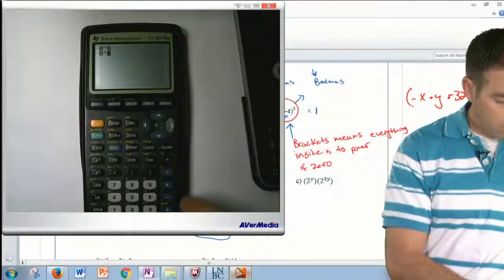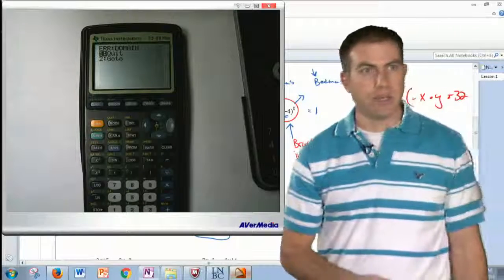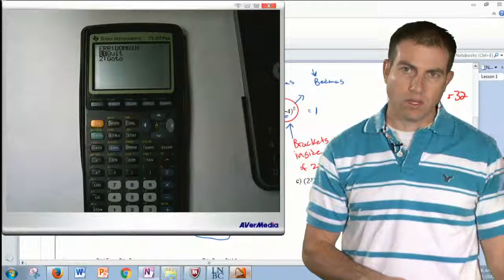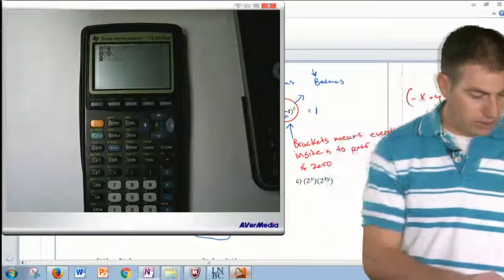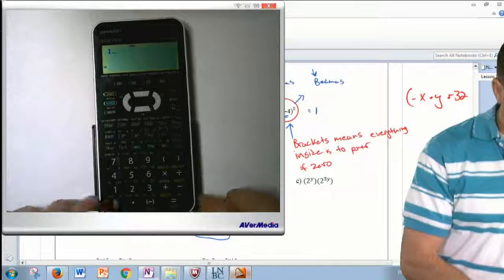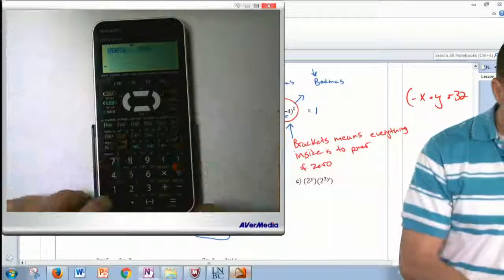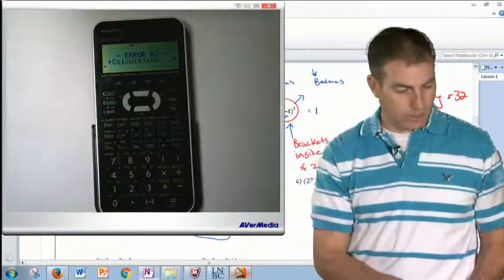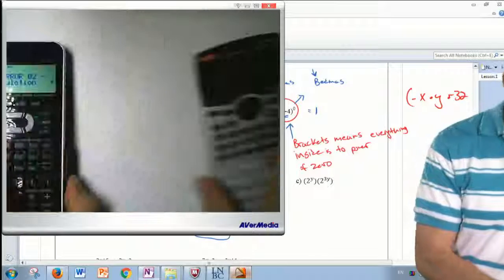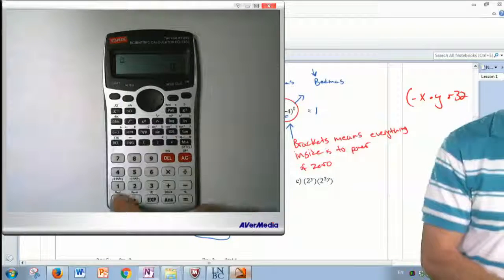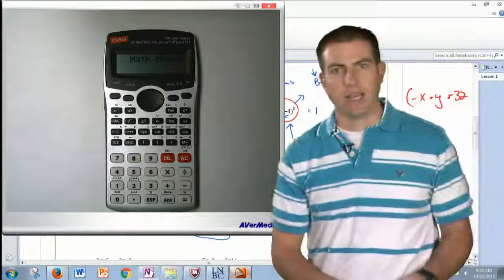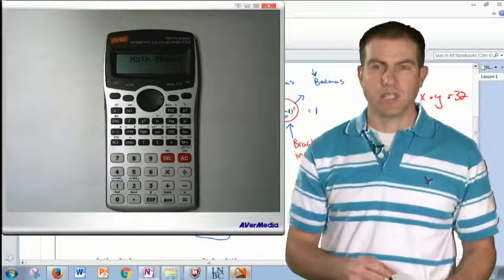If I put in 0 to the power of 0, it says error domain. Asked me to quit. So math error. Let's try my Sharp here. 0, y to the x, 0, error. Yeah. Let's try the Staples one. 0, hat 0, math error. So I'm thinking that's the exception to the rule, Alex.